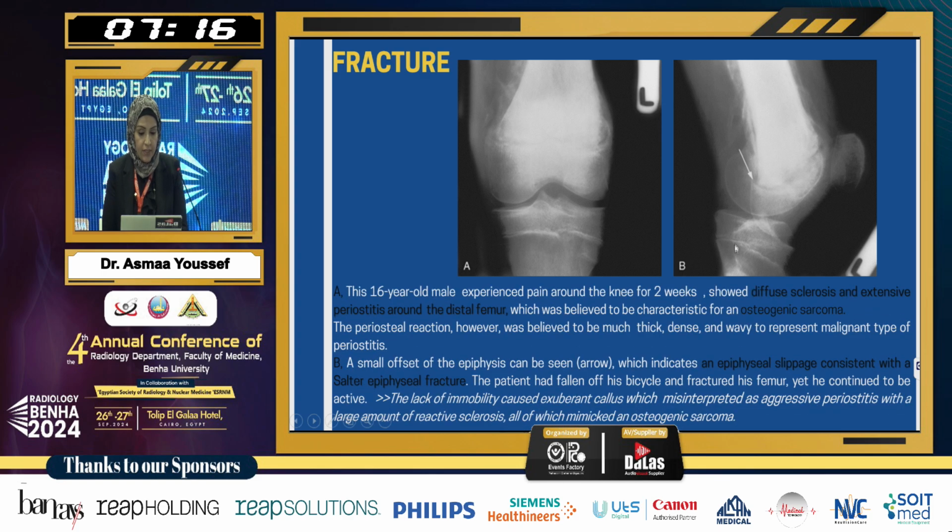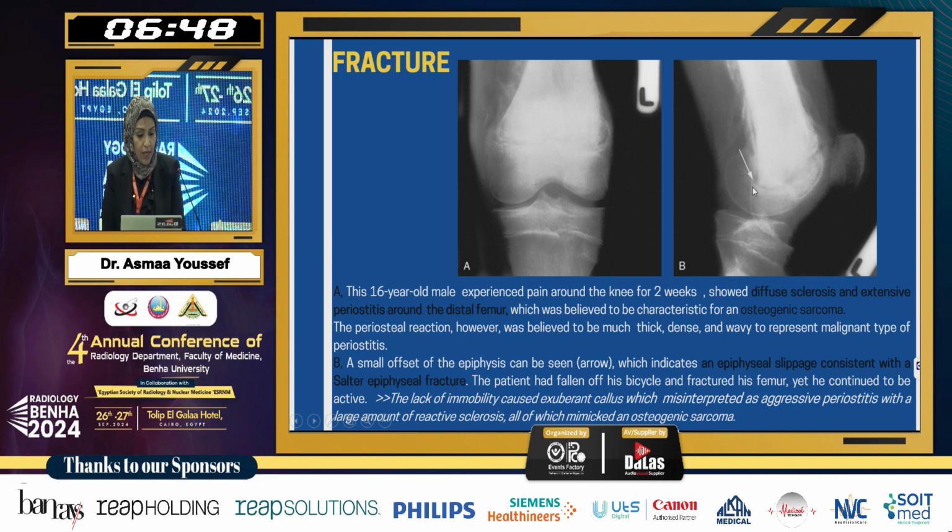In this case, a young male experienced pain around the knee for 2 weeks and showed diffuse sclerosis and extensive periostitis around the distal femur, which was believed to be characteristic of an osteogenic sarcoma. But the periosteal reaction was too thick and dense to represent a malignant type of periostitis. A small offset here in the epiphysis indicates epiphyseal slippage consistent with a Salter-Harris epiphyseal fracture.